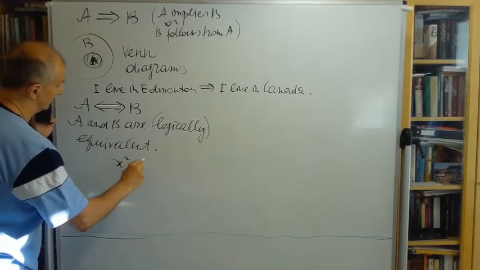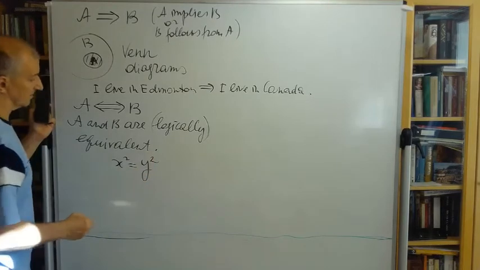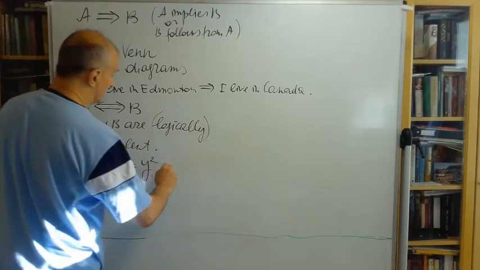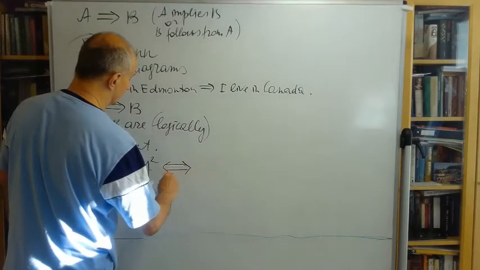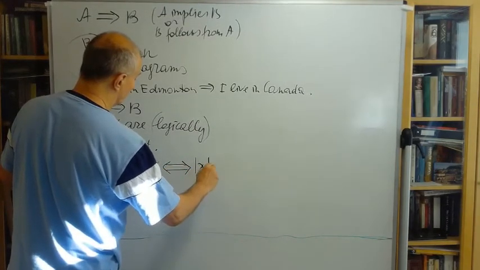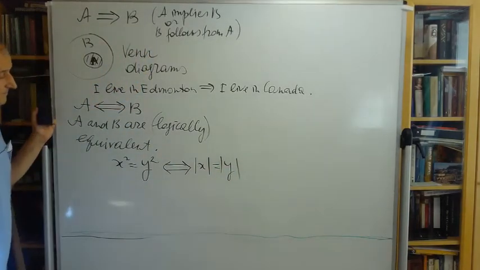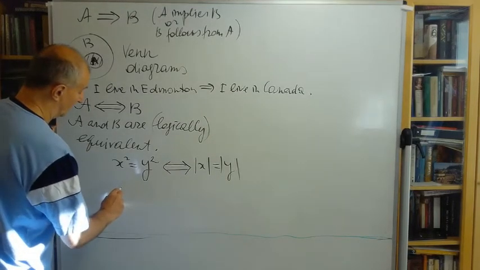X squared equals y squared in real numbers is equivalent to the statement absolute value of x equals the absolute value of y.